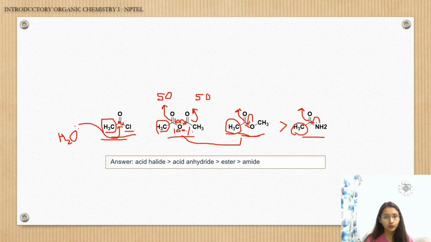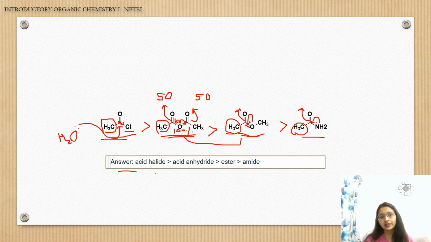So here I have compared these two. In these two, the electropositivity of the anhydride is higher than ester. So that is why the reactivity is higher. And the acid halide is the most reactive for this water molecule because of the highest electropositive character of this carbonyl carbon. So this is the correct answer.